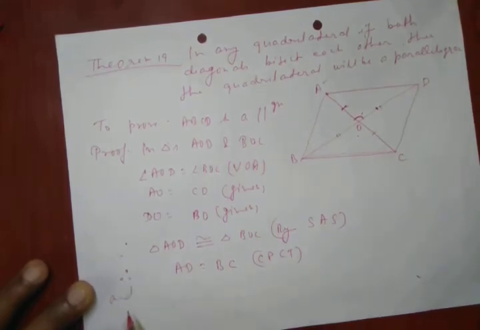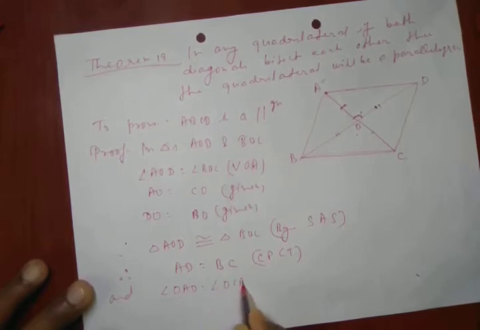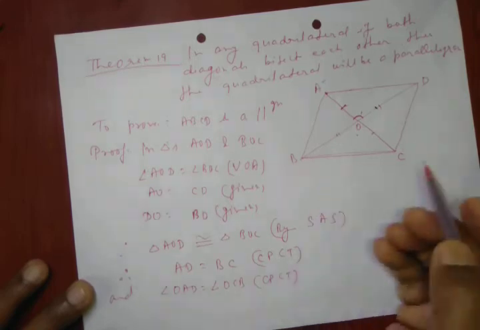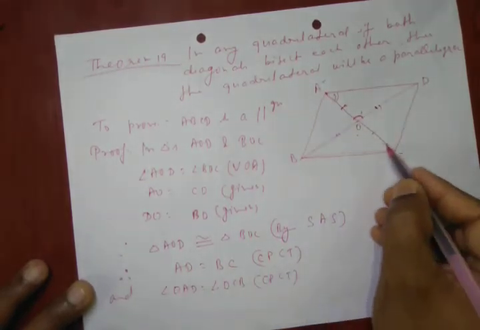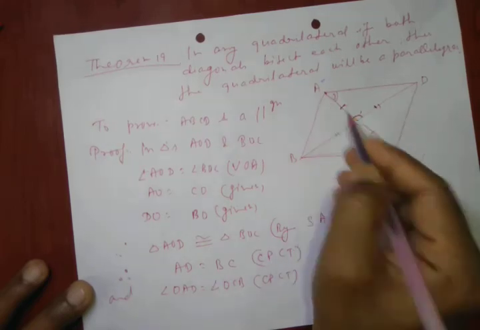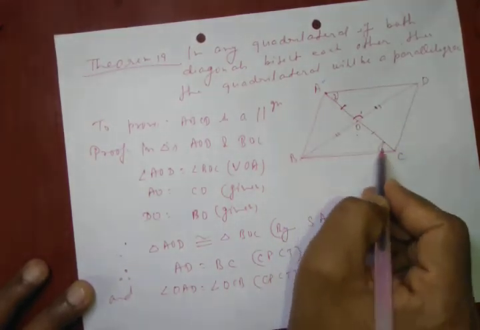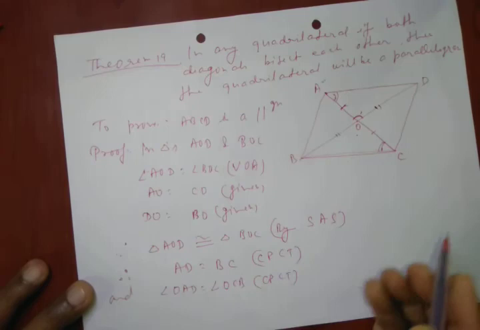And the other condition is angle OAD equal to angle OCB, again by CPCT. Where is OAD here? That is this angle, and OCB here is this. So these two angles are equal. Now see that these two angles are equal, and AC is the transversal.